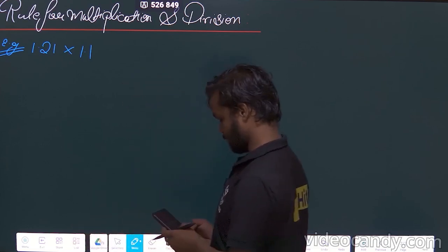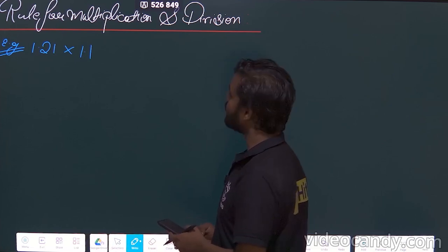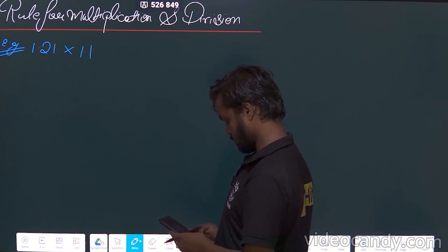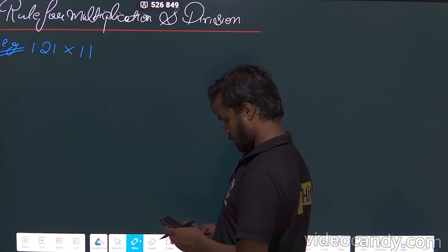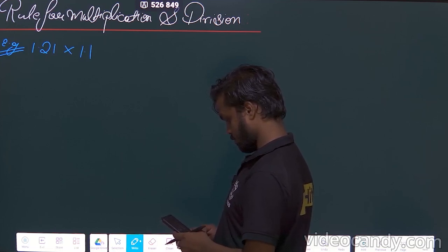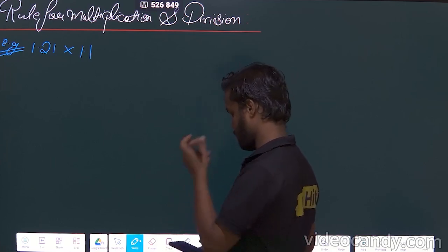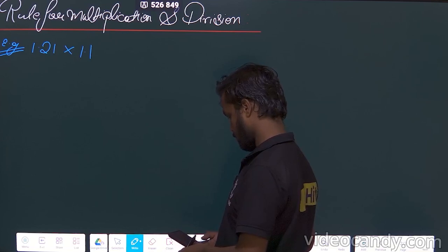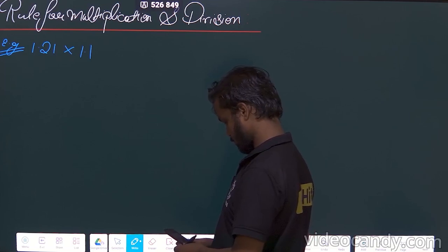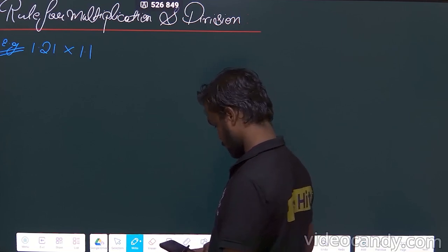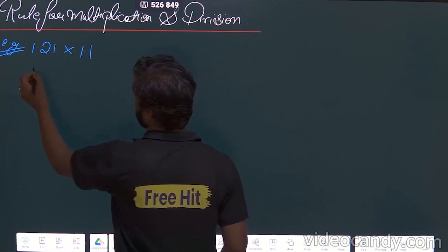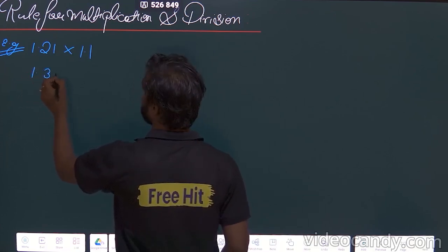Okay, so we have to multiply 1.21 with 1.1, and this will be 1.331.